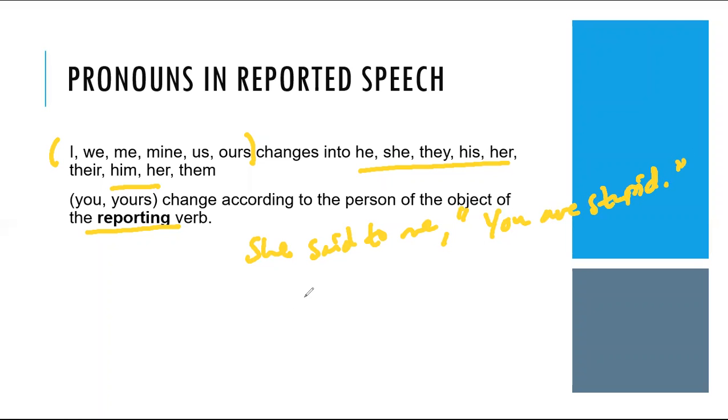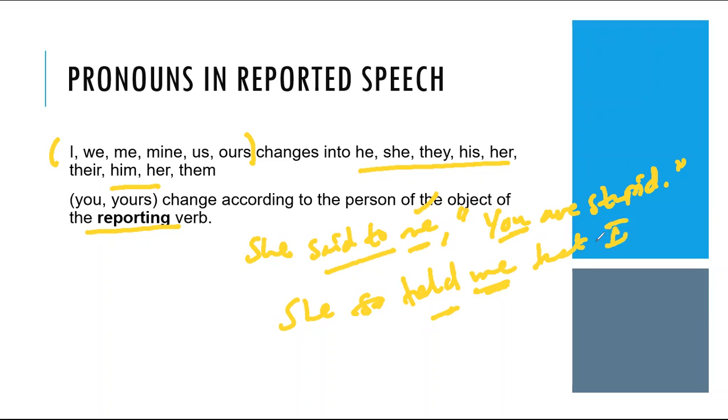Now it's me, so I should report it this way: she told me. Please remember, when we refer to the person after "said to," we have to use "told." So she told me that, because it's me. So who was "you"? I. I was stupid. This is how you have to change it.